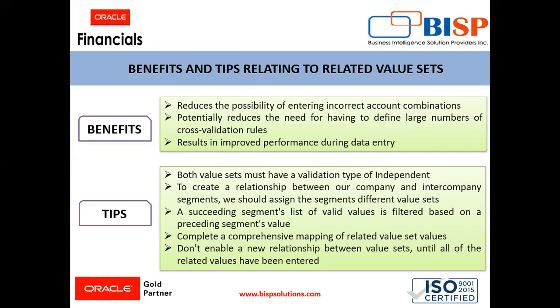They should not share the same value sets. The succeeding segment's list of valid values is filtered based on the preceding segment's value. For example, if we select a value for the company segment, then the related value set, which can be a product, the value of that product will be dependent on the company segment.